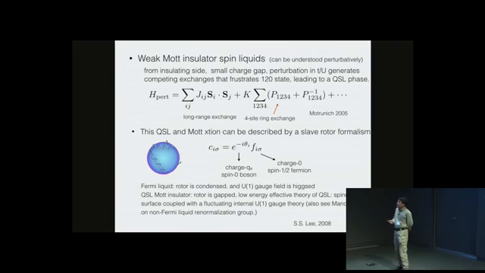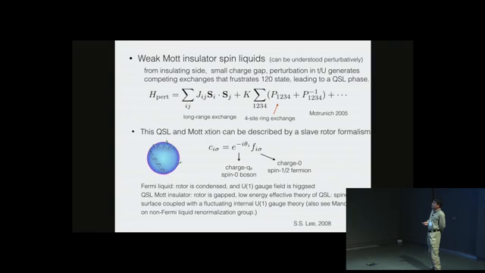This quantum spin liquid, and the Mott transition between a Fermi liquid metal and a U(1) quantum spin liquid with a spinon Fermi surface, can be described by a slave rotor formalism. In this formalism, one can write the electron operator as a product of a charged bosonic rotor and a spinon fermion carrying spin 1/2 quantum number.